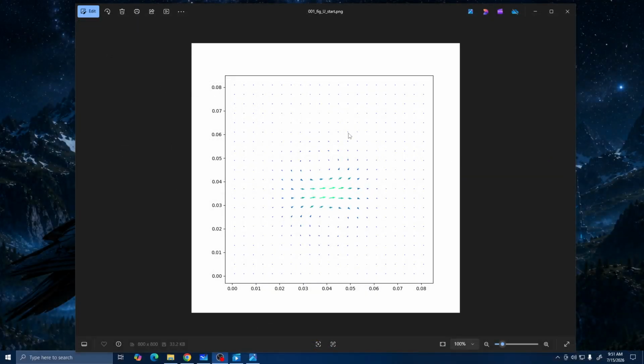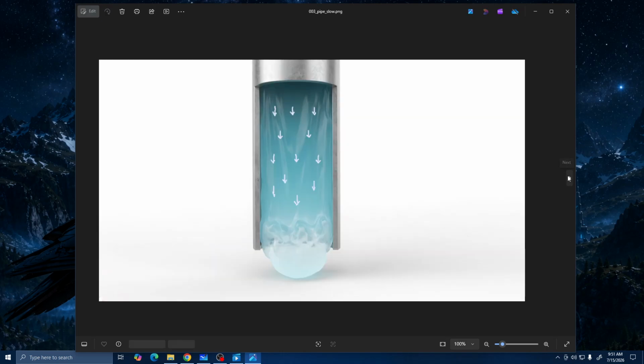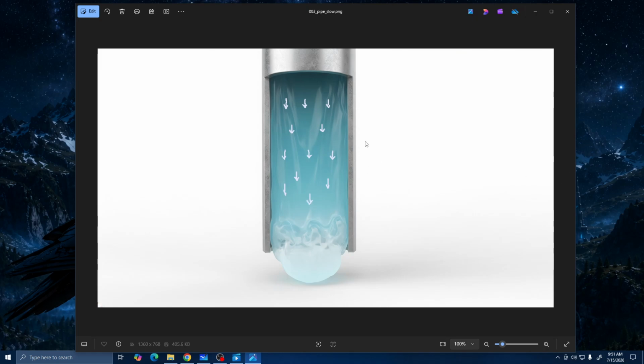So this starts out with this initial velocity field, goes to the next velocity field, and the question is how to do this. In the case of the pipe, it's actually simple because W is the new velocity.